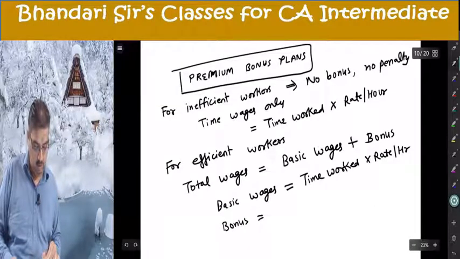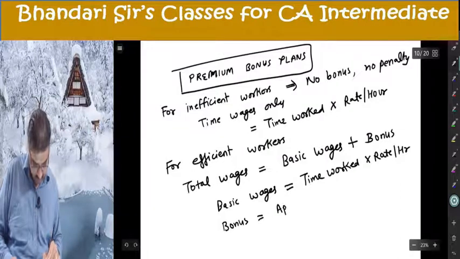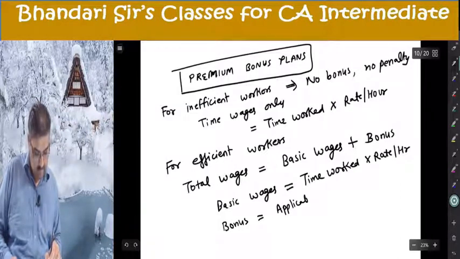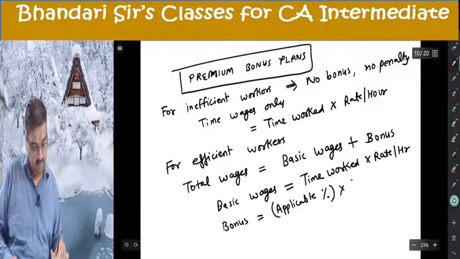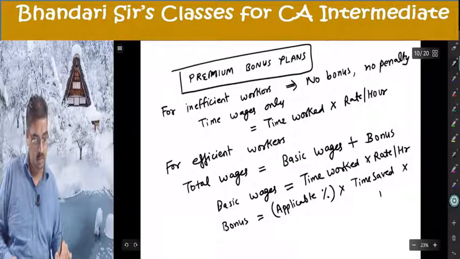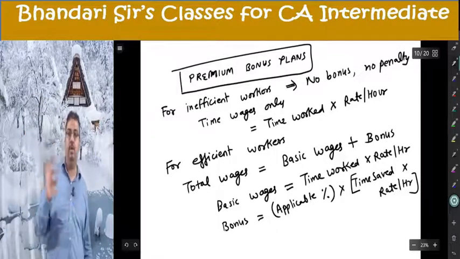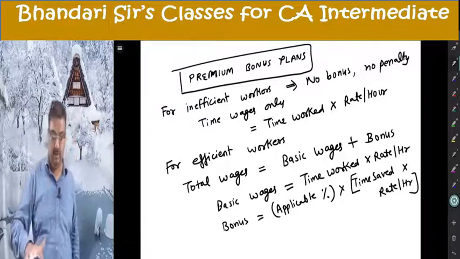Bonus is equal to the applicable percentage multiplied by time saved into rate per hour, which can be called the amount saved basically. On the amount saved we apply that specific percentage.